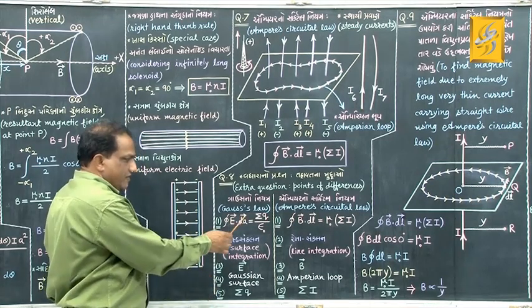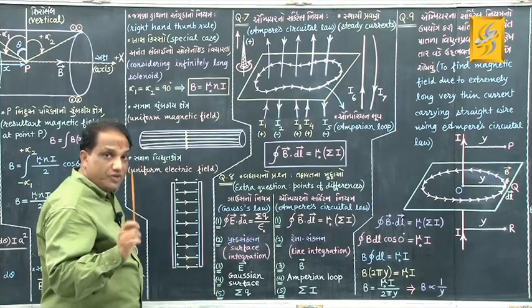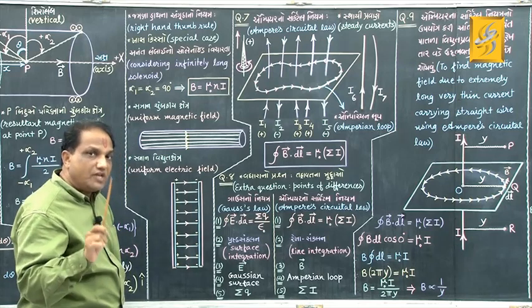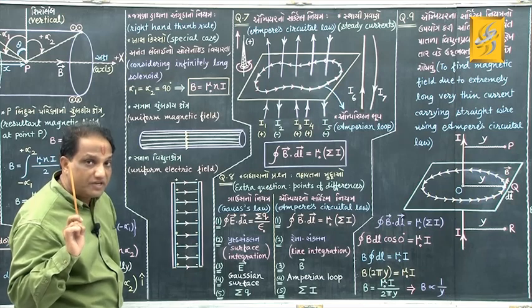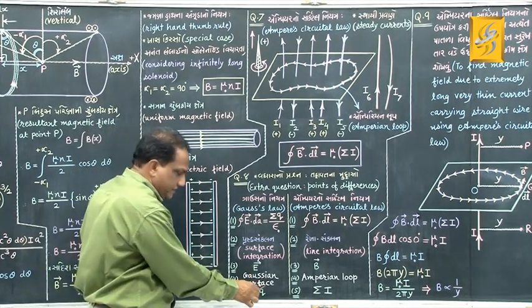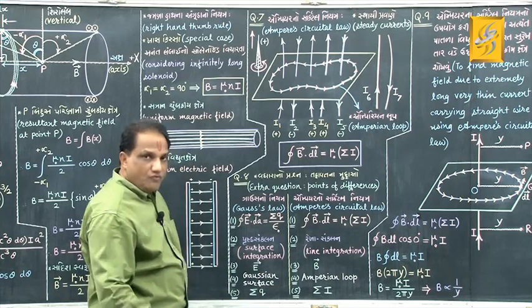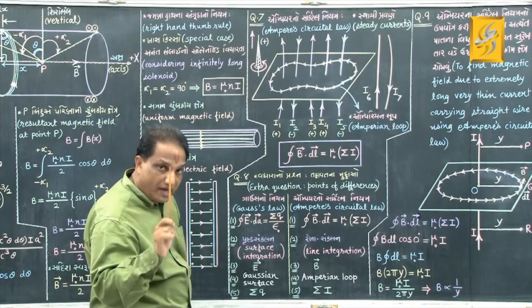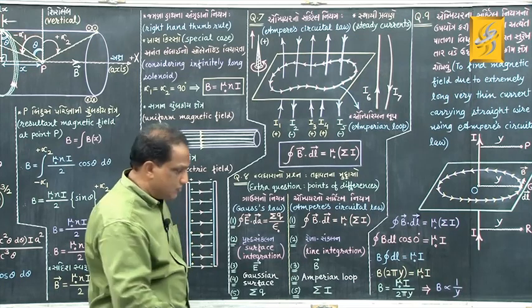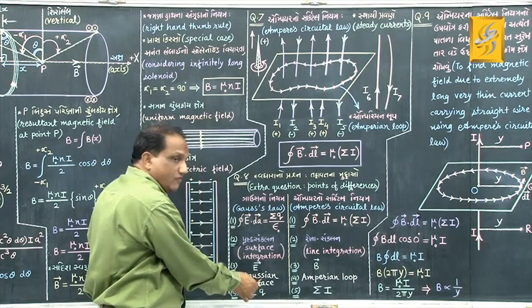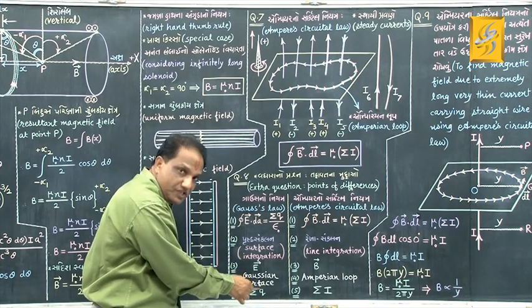Then, while applying this law, we just think of one closed surface which encloses some given amount of electric charge, and that closed surface is known as Gaussian surface. Here we think of that closed loop which can enclose given currents, and that closed loop is known as Ampérian loop. So here we think of closed surface which is called Gaussian surface.